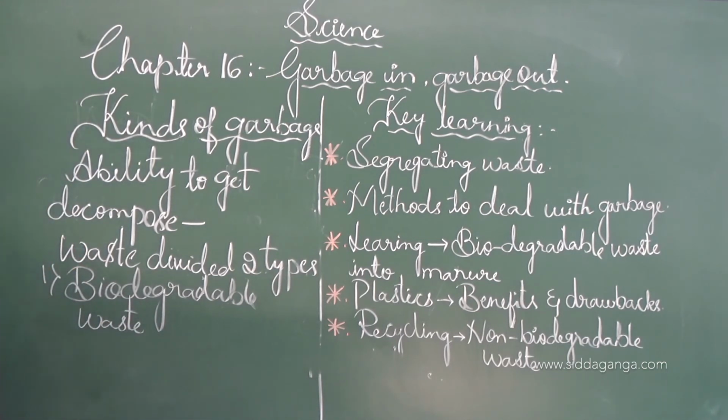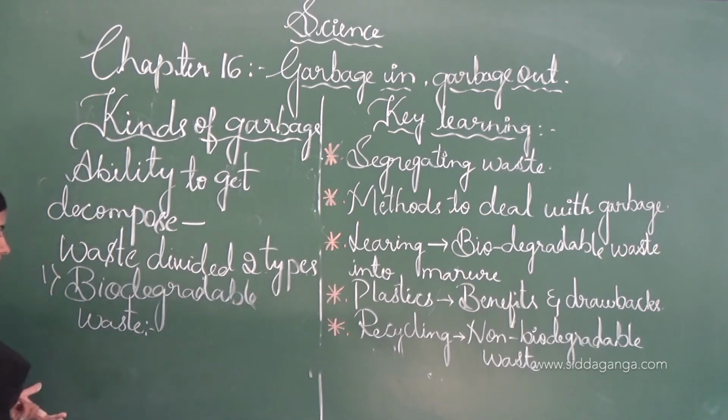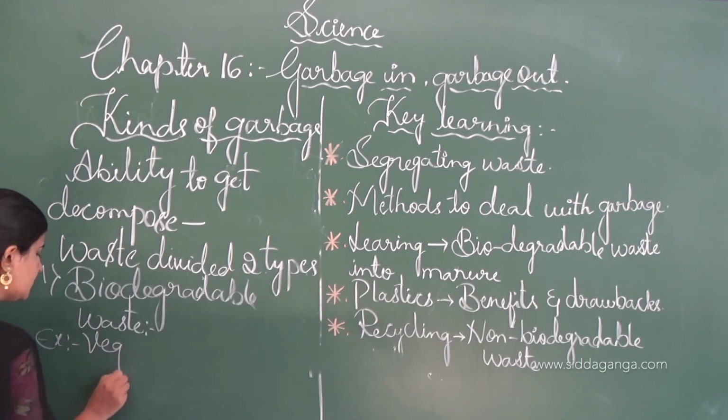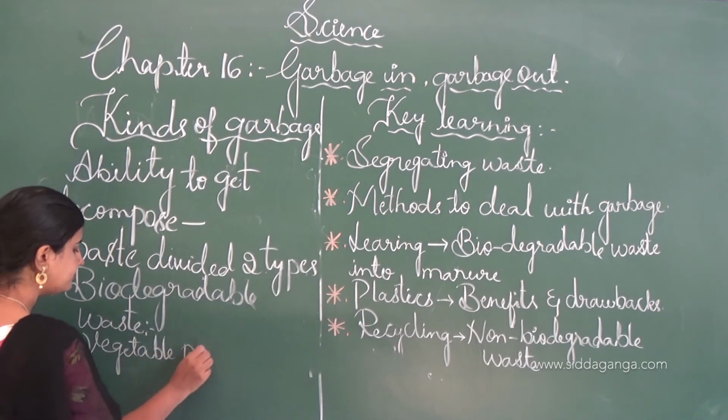See, as the name indicates, bio means life and degradable means to cut down the waste. Usually biodegradable waste means microorganisms can act upon the complex substance to decompose it into a simpler substance. An example is vegetable peel.